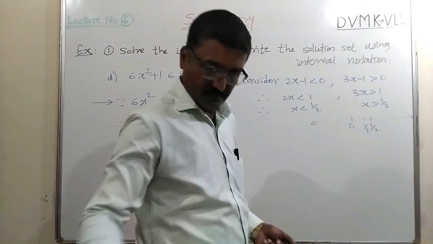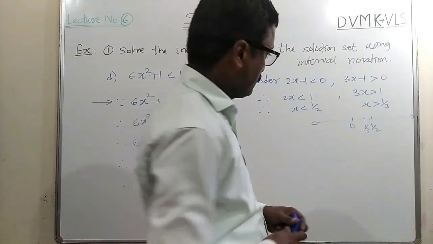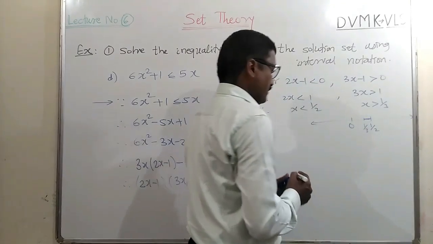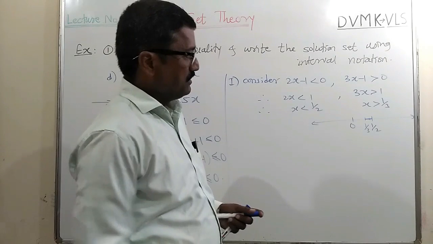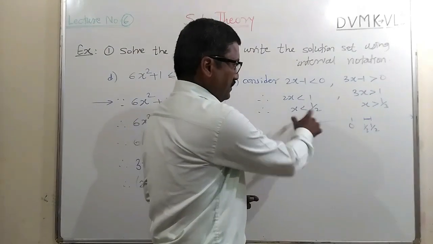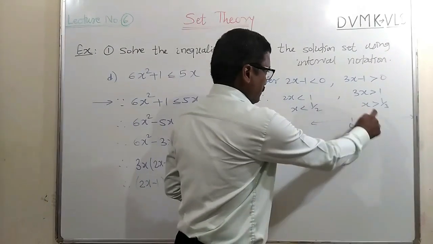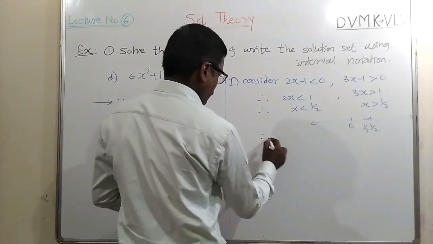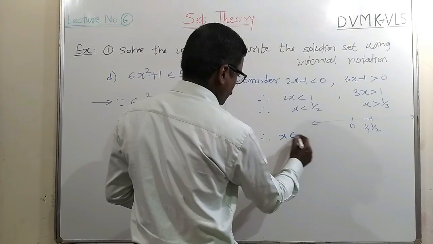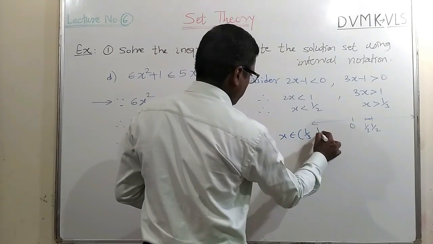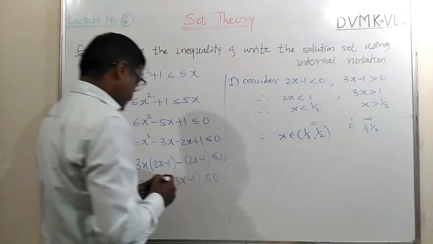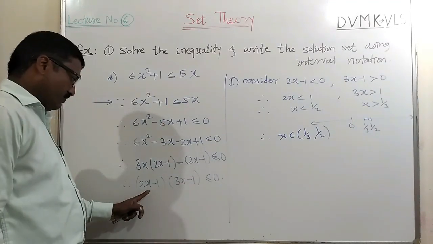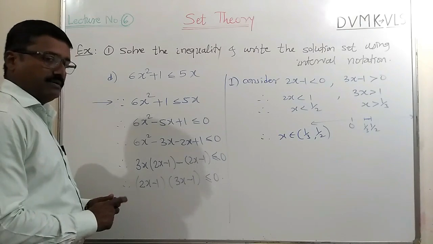So at this stage the solution set is this, that is x greater than 1/3 and less than half. So it is between 1/3 and half. Therefore this says that x belongs to open 1/3 and open half. But here equality is given, so x may be equal to half, and x may be equal to 1/3.